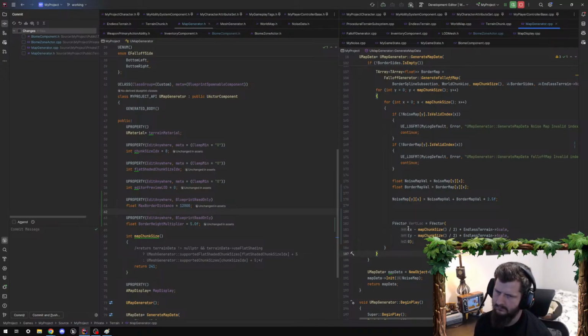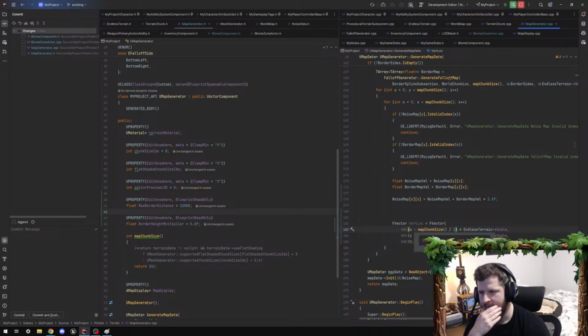Now, do I add that plus that divided by 2 plus... I need to add the chunk location. So I do have the world chunk location. So I need to add to get the location of this vert, the world location of this vertex.